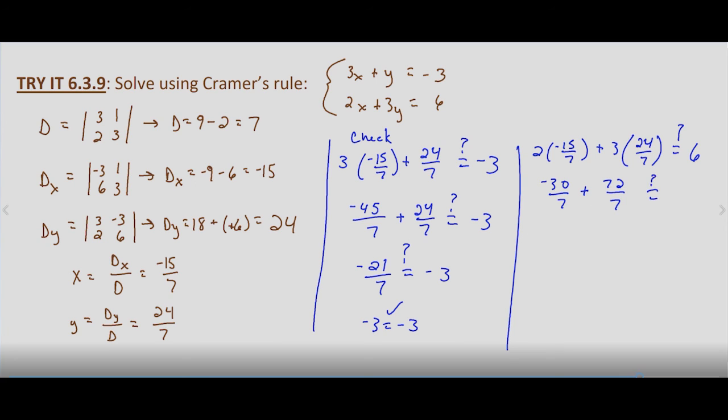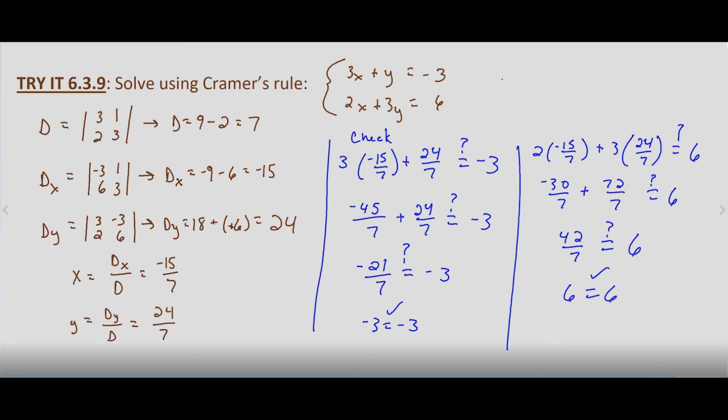Does that equal 6? Negative 30 plus 72 is 42 sevenths. Does that equal 6? And yes, 42 divided by 7 equals 6. So that checks as well.